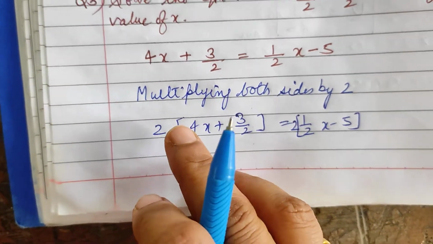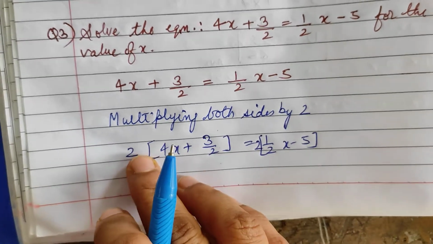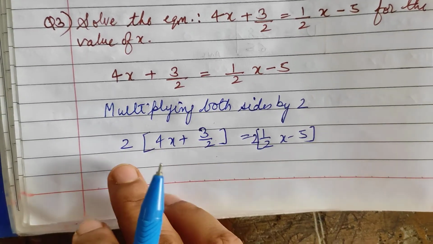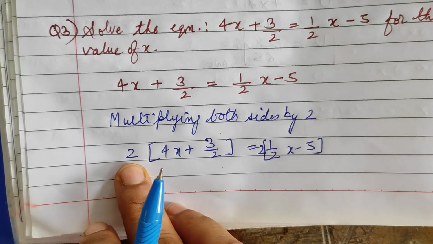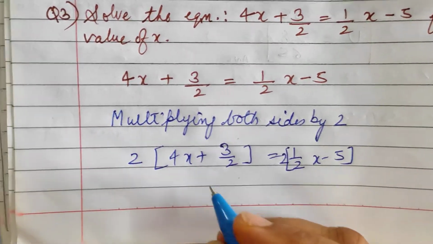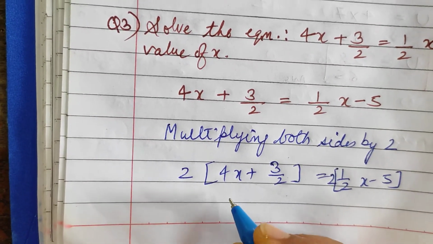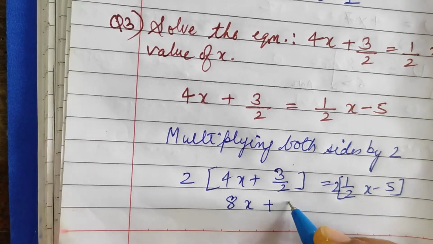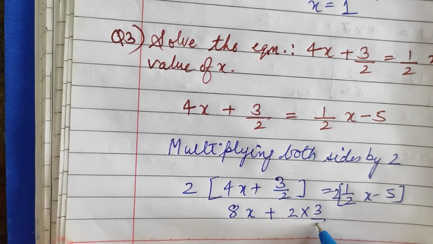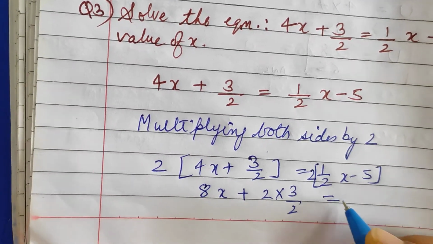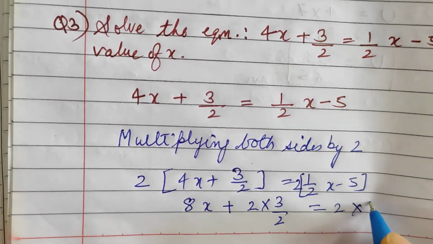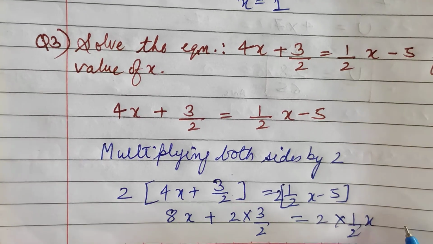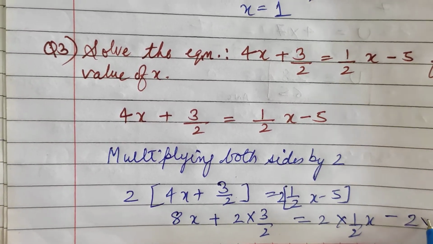Whenever we are multiplying a bracket by 2, each term of the bracket is to be multiplied by that number. So 2 multiplied by 4x becomes 8x, plus 2 into 3 by 2 is equal to 2 into half x minus 2 into 5.